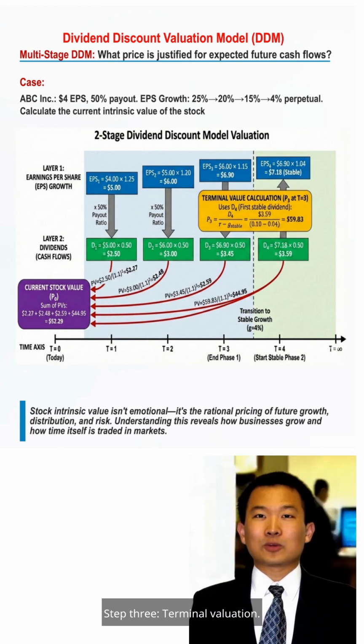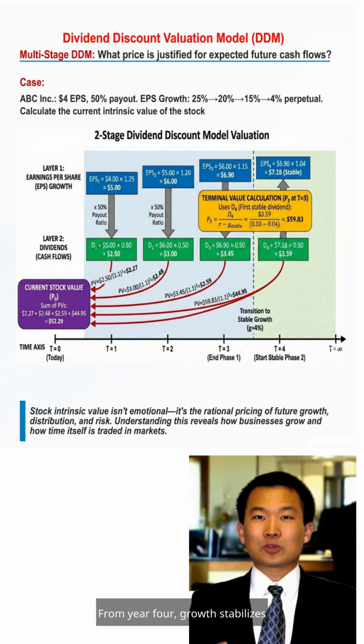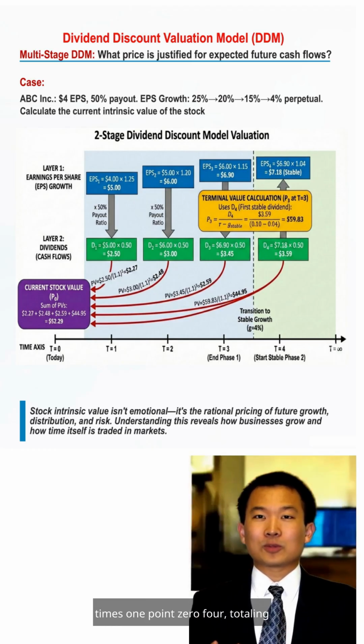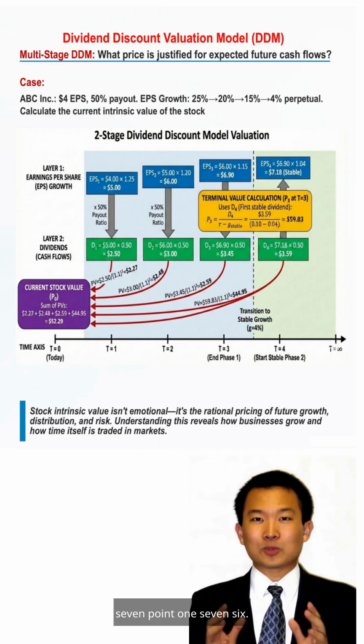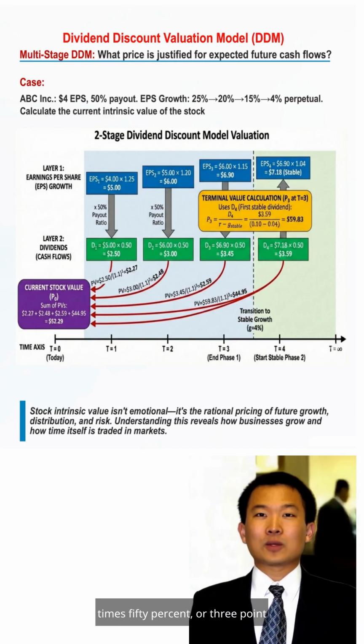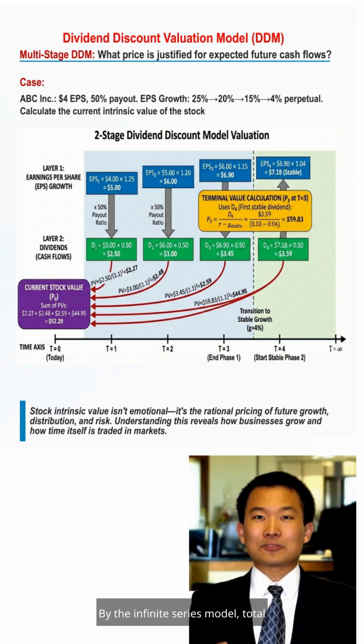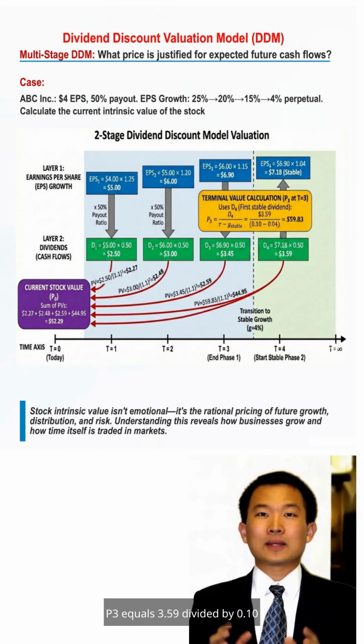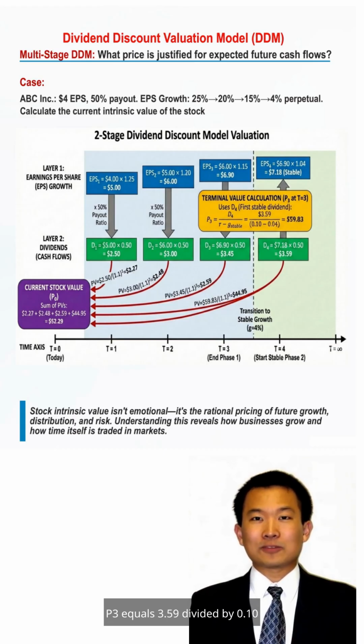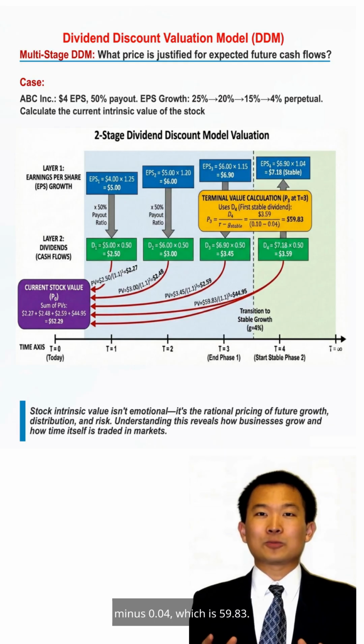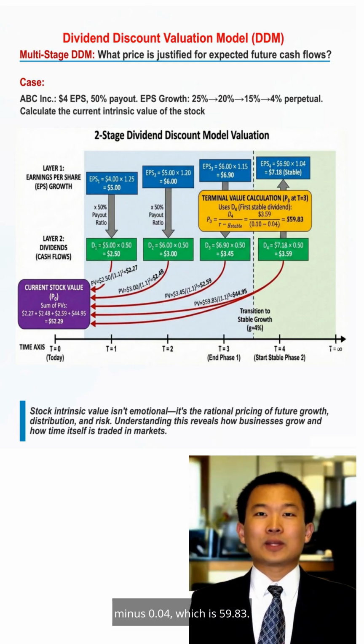Step 3. Terminal valuation. From year 4, growth stabilizes at 4%. Year 4 EPS is 6.9 times 1.04, totaling 7.176. D4 is 7.176 times 50%, or 3.59. By the infinite series model, total equals D4 divided by R minus G. P3 equals 3.59 divided by 0.10 minus 0.04, which is 59.83.